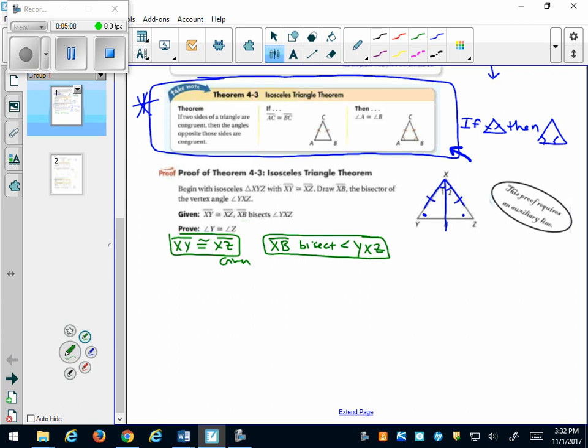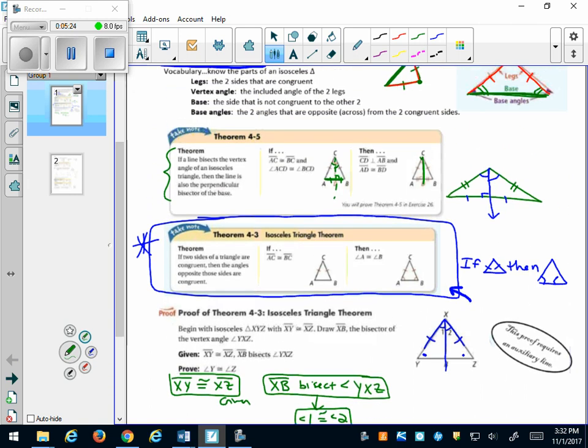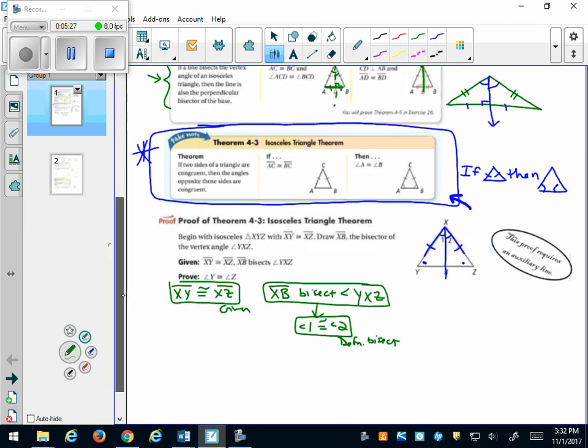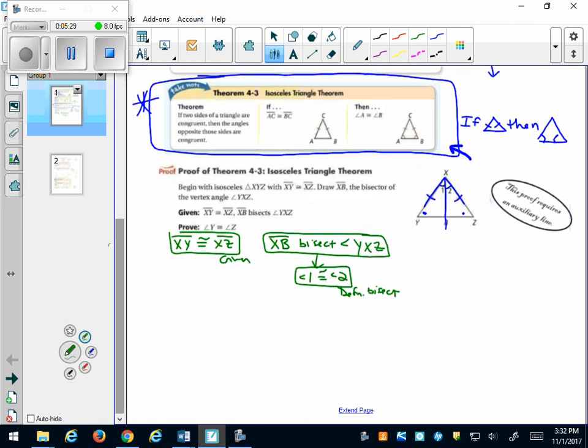So the first thing you want to do is say that angle 1 is congruent to angle 2 by definition of bisect. And we're going to use this theorem from up here. It's really the whole purpose of that theorem right now to use it in this proof.